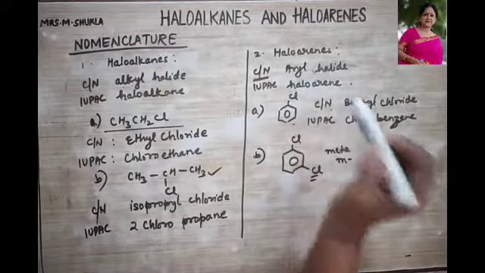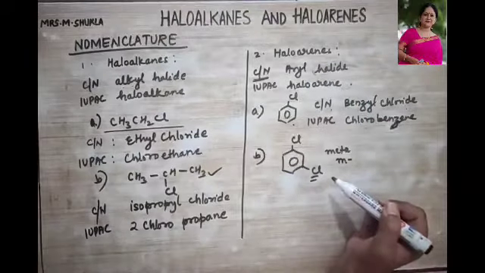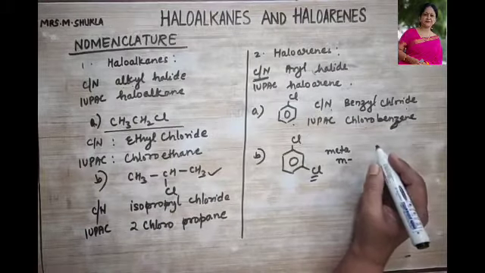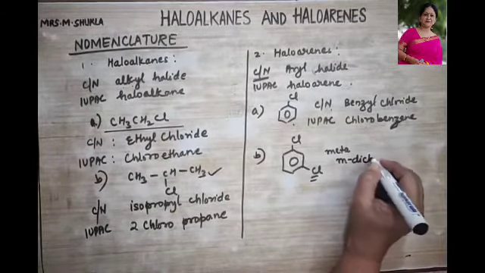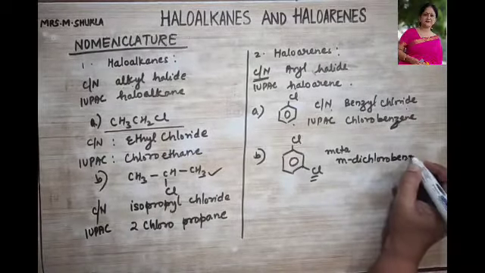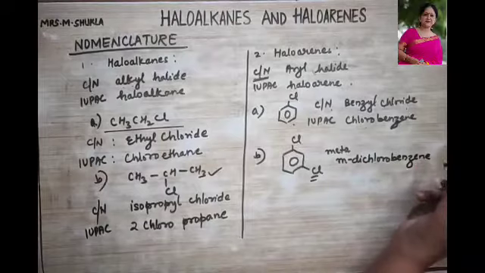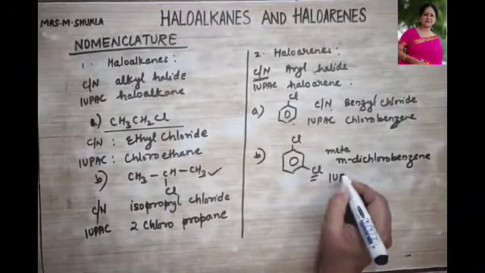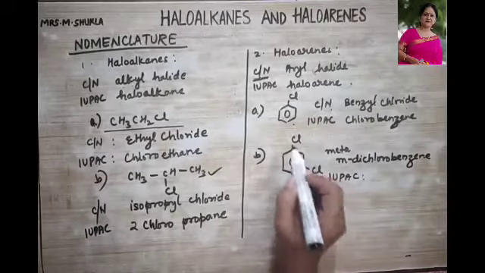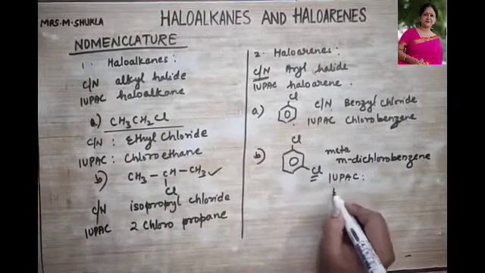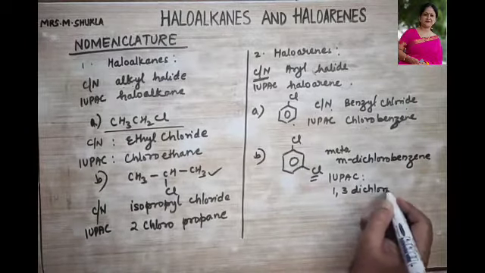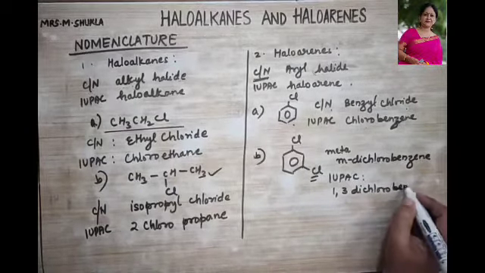Now what is the aryl group over here? Okay, so meta-dichlorobenzene. Okay, now write down the IUPAC name. IUPAC name of this will be what? 1, 2, 3. 1,3-dichlorobenzene.